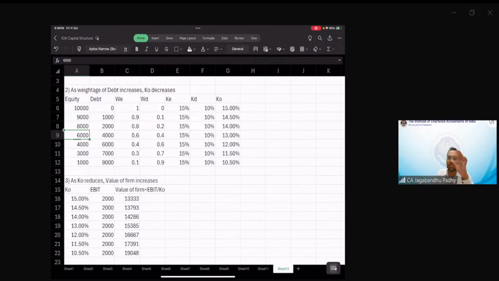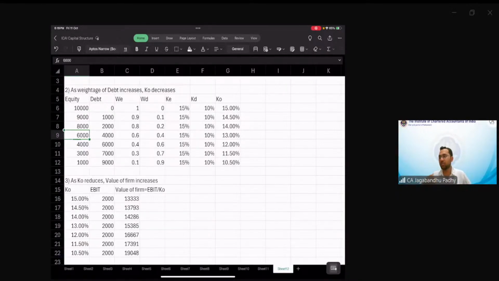With an increase in the weightage of debt, what is the ultimate effect? It's obviously a high risk for the equity shareholders, right?